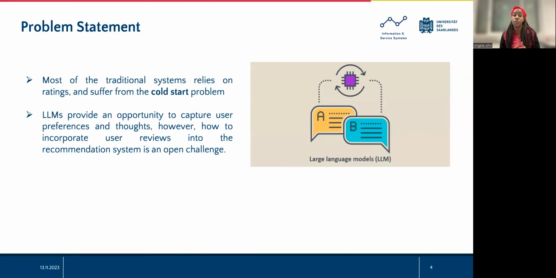However, the use of reviews in this recommender system is still an open challenge. That is why we are introducing a new way to use the reviews and extract as much information from them as possible, and later use the scores that we generate from the reviews to make our recommendation during the ranking phase.